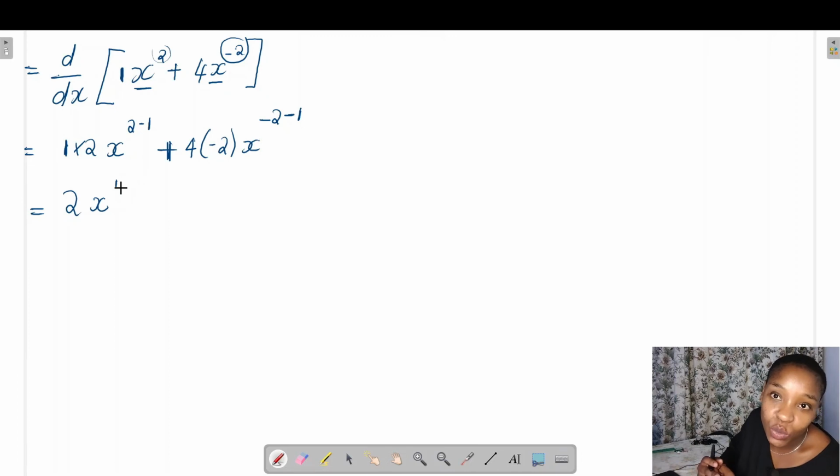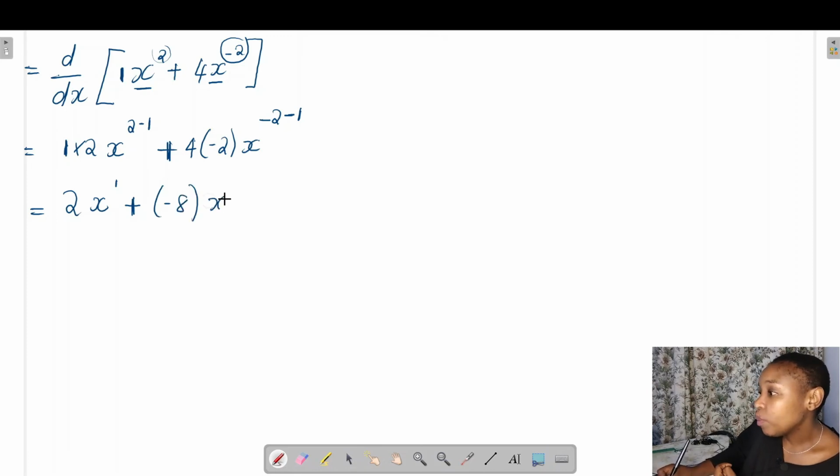You can just leave it as 2x, plus 4 multiplied by -2 is -8, x to the power of -2 minus 1 is -3.